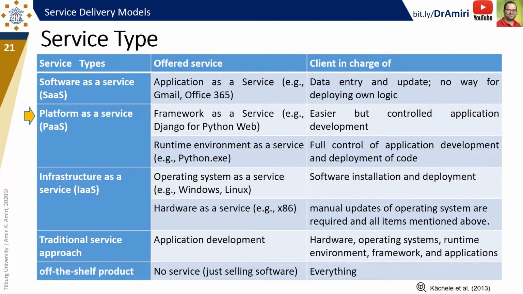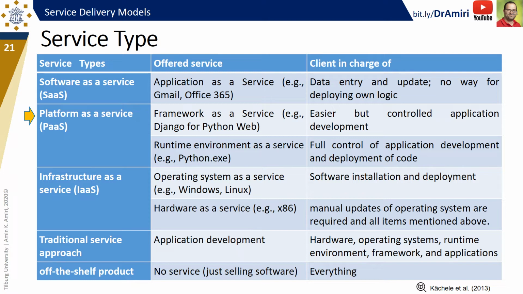Therefore, everything is ready to run your Django codes and website. While it is easier to manage Django supported websites, you cannot install other Python web frameworks yourself. The application development is controlled by the service provider.